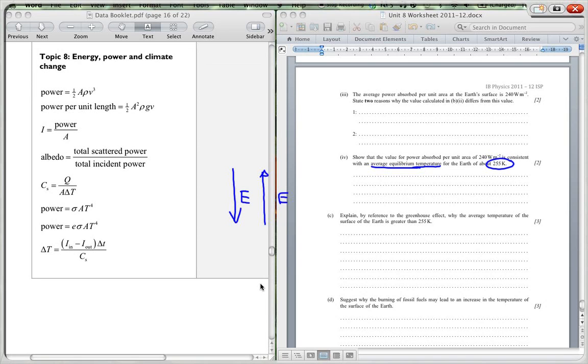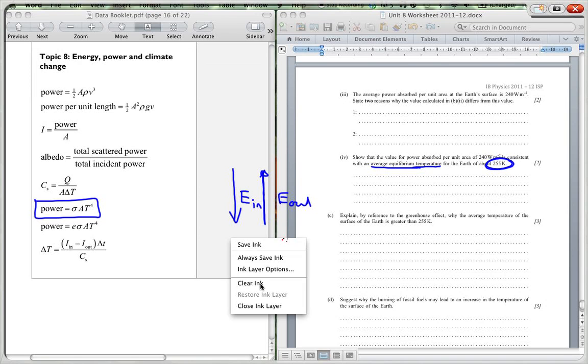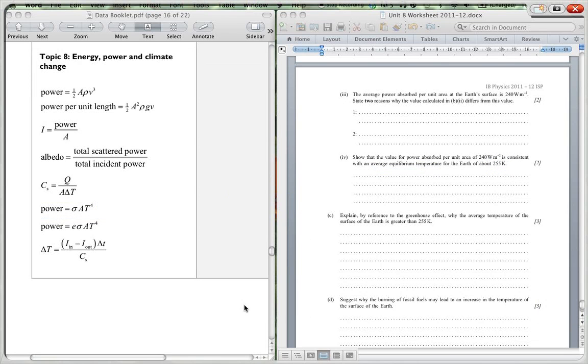You're in equilibrium. So at 255 Kelvin, you would have an equal energy out. And that would be given by our Stefan-Boltzmann formula, which looks at power radiated. So power is equal to sigma A T to the 4.